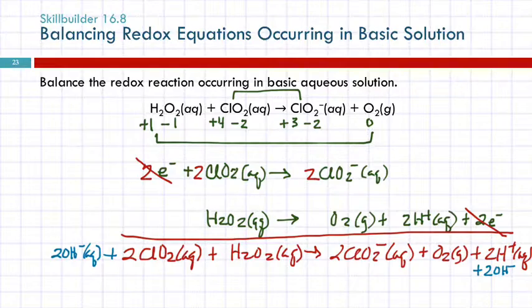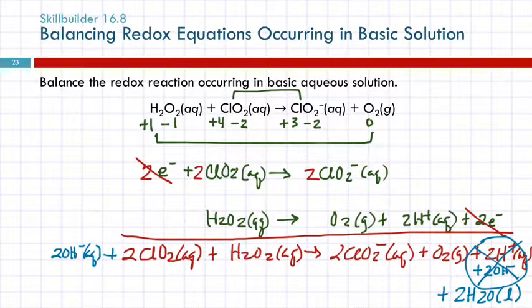The reason I did this is, when you put 2 hydrogen ions and 2 hydroxide ions together, what do you get? You get 2 water molecules. So I'm going to cross those out and write what they react to form, which is 2 H2O molecules, and that will be in the liquid state.